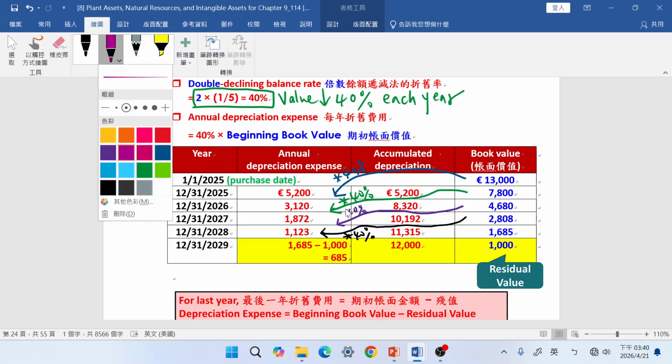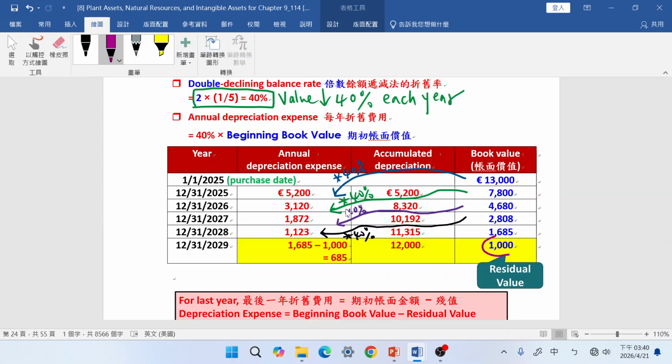You want to get your accumulated depreciation. You have first, based on residual value, to calculate backwards for your accumulated depreciation, for your depreciation expense for last year.